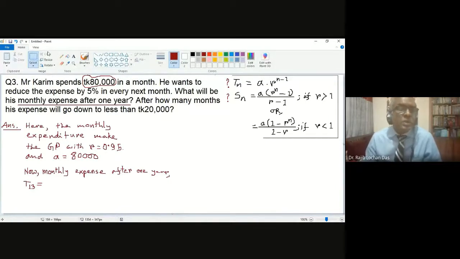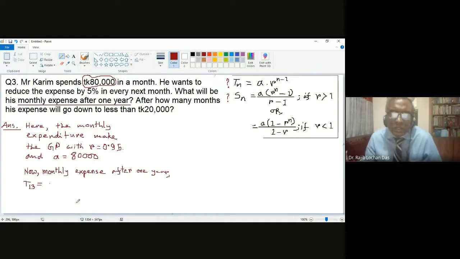Now the question will come: T13 or T12 or T10 or T14. That is now the question. So you think it is T13. Actually it is T13. Why? Because after 1 year, the next month will be the 13th month. So after 1 year means 12 months gone, and then the next.